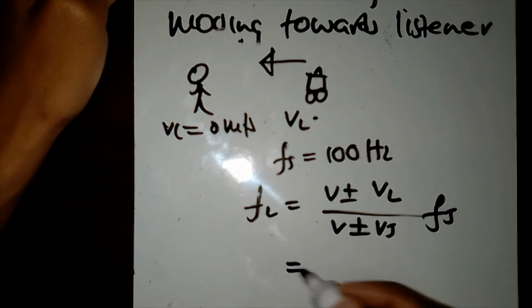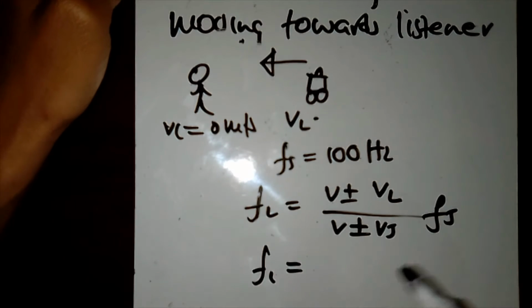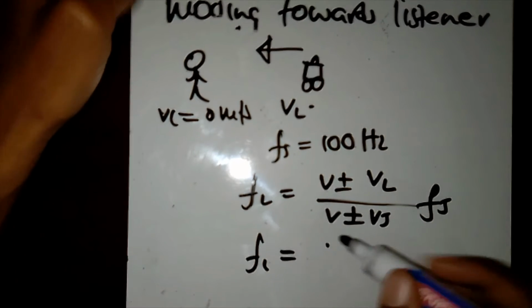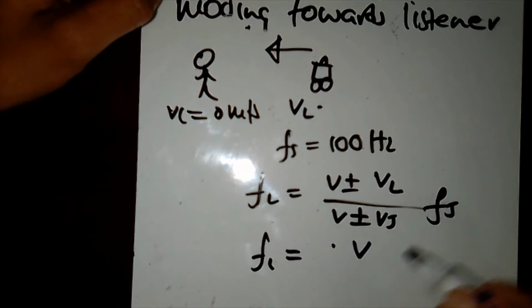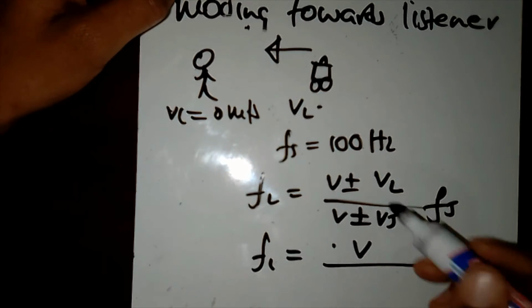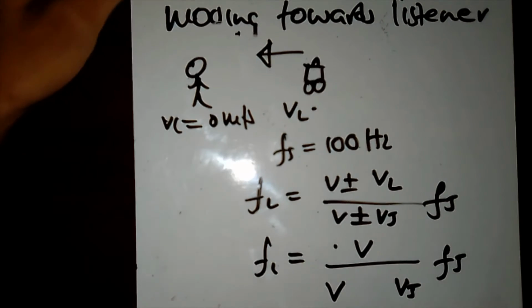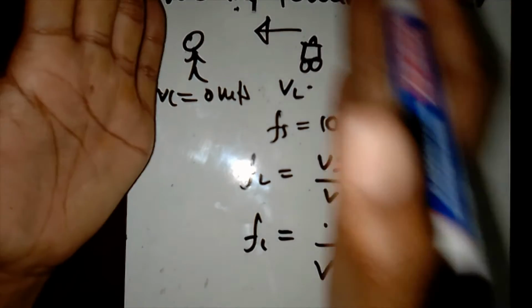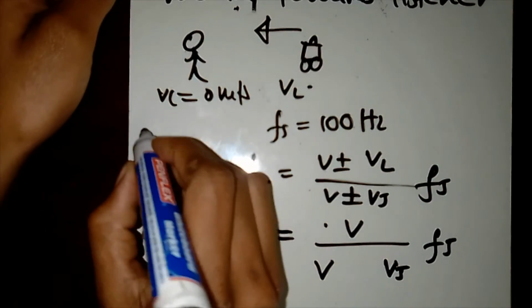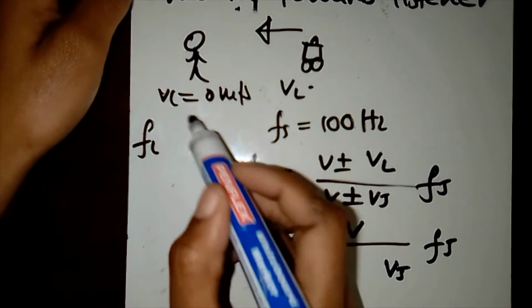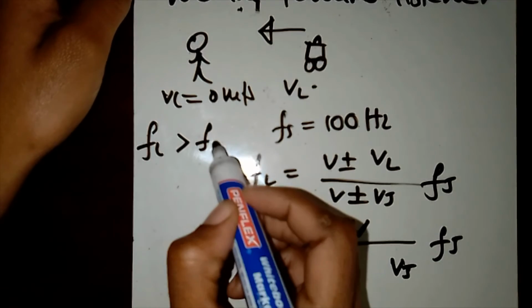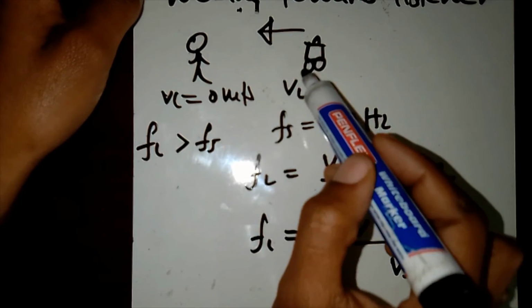So now we rewrite this again when you're doing a calculation. At the top you only have V because VL is 0, right? And then at the bottom you have V, VS, and FS. Now we say, okay, if they are approaching each other, the perceived frequency will be greater than the emitted frequency, or the frequency of the source.